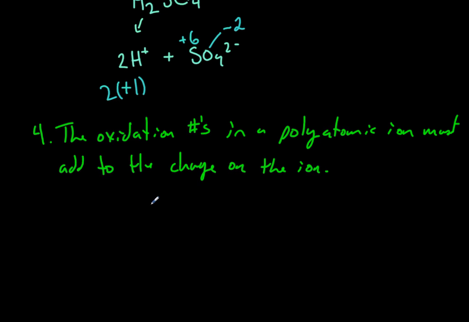So again, if we go back to the SO4 example, the total here, -8 plus 6 equals the total charge on the ion of -2.